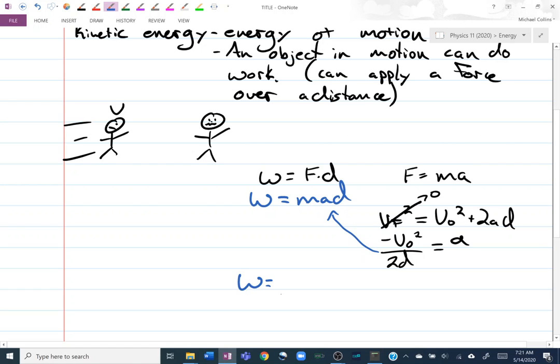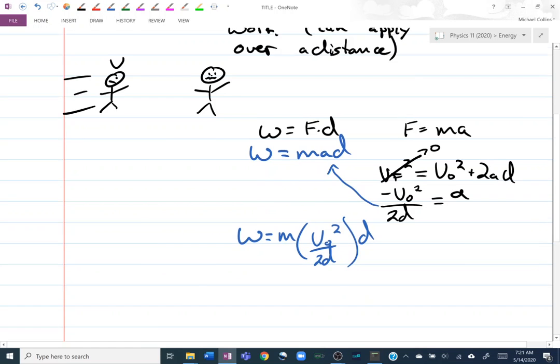So my work is equal to m v naught squared over 2d, which is my acceleration, times d.